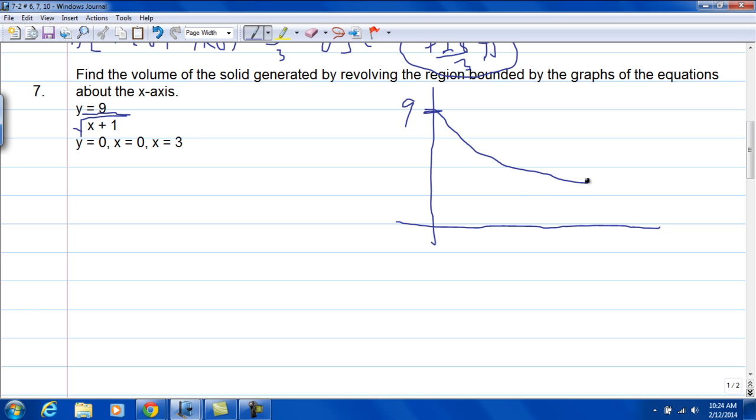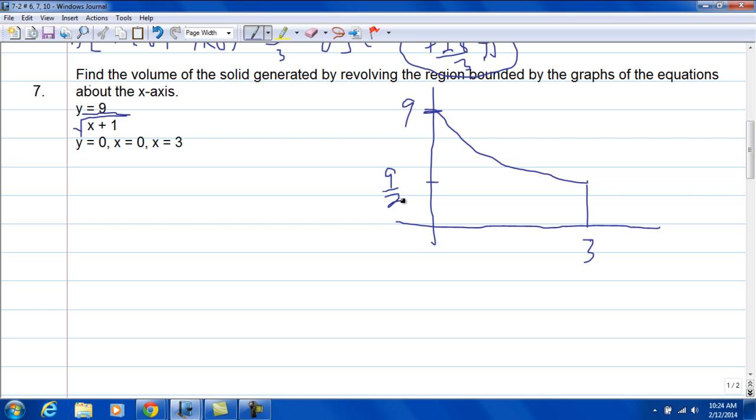Now if I put 3 in there, 3 plus 1 is 4, square root of 4 is 2, so 9 halves is as far down as it's going to go. For the sake of our graph, call this 3, and call this 9 halves, 4.5. Not drawn to scale, but I think you get the idea.